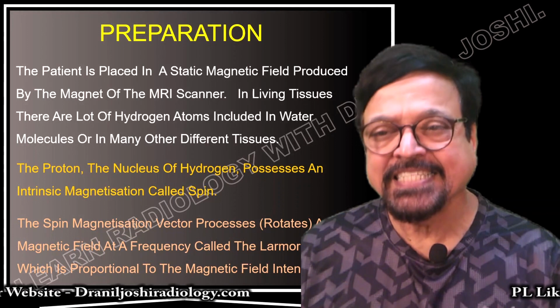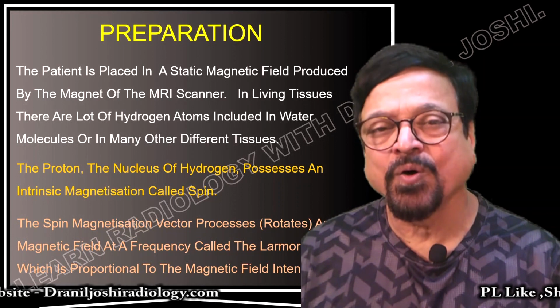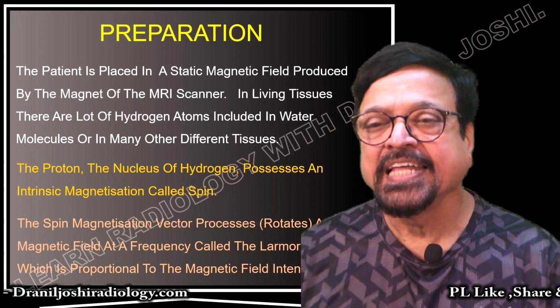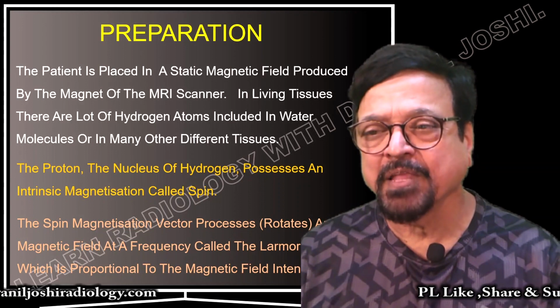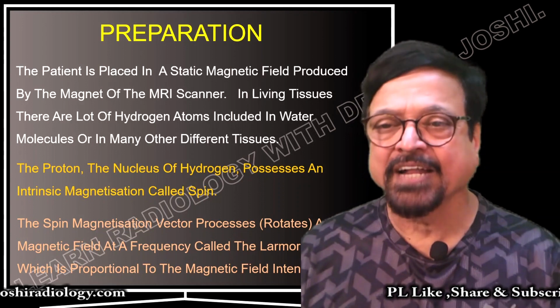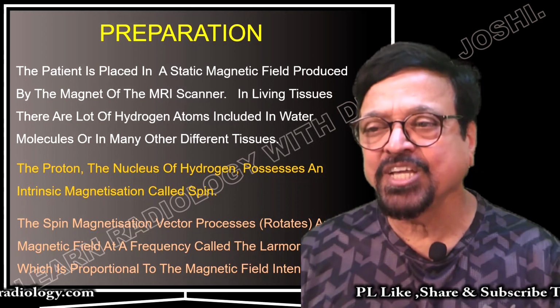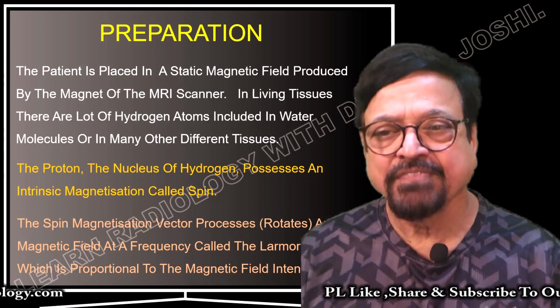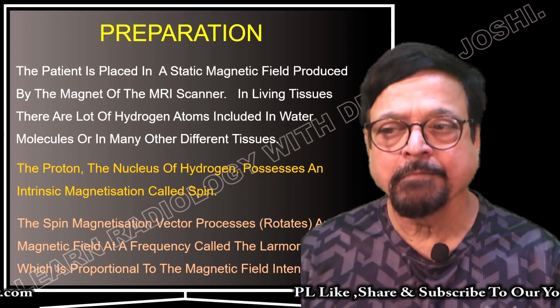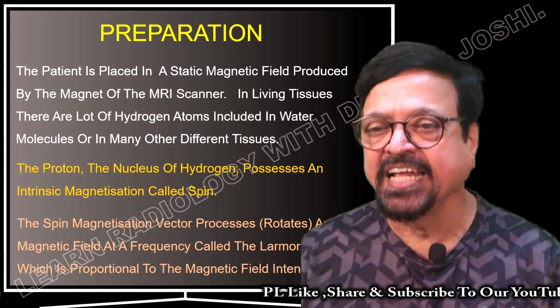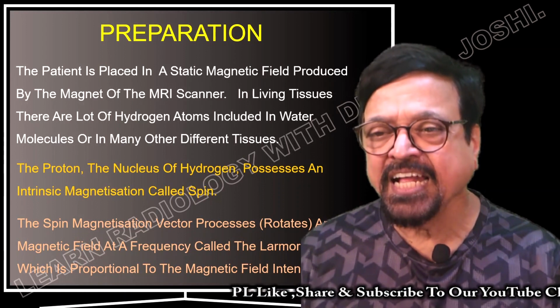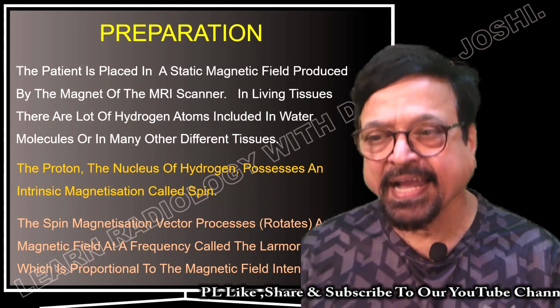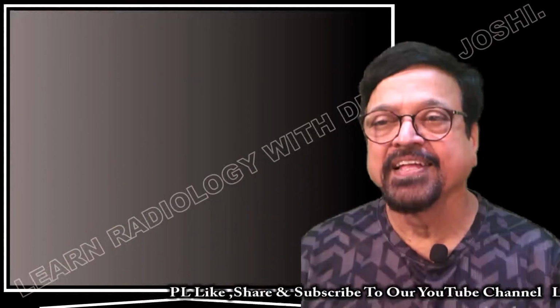These are the intrinsic activities going on within. The spin magnetization vector precesses, or rotates, around a magnetic field at a frequency called the Larmor frequency. There is a separate lecture covering what the Larmor frequency is. Now this Larmor frequency is proportional to the magnetic field intensity.